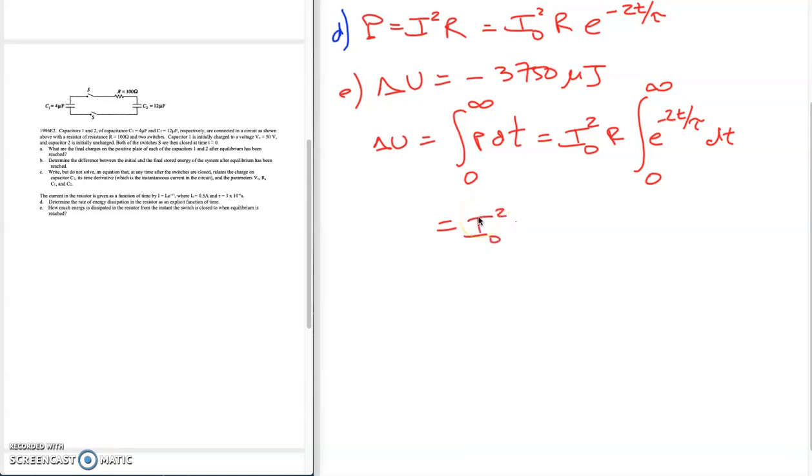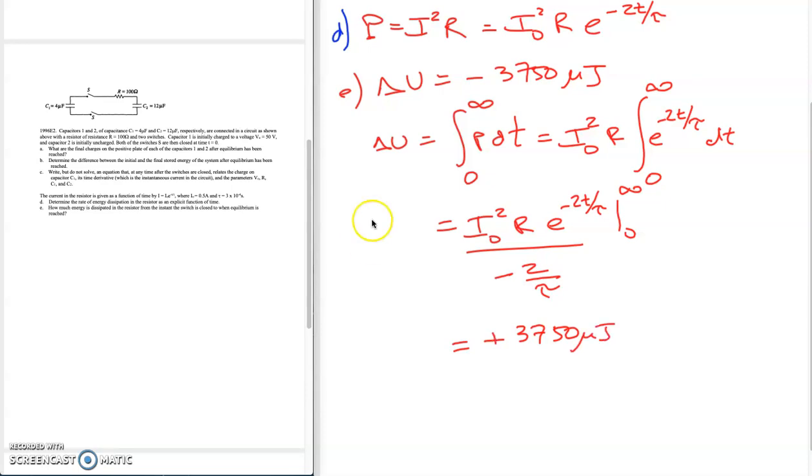So we're going to have I naught squared R e to the minus 2t over tau evaluated from 0 to a long time later, divided by negative 2 over tau, which, when you do all of this, gets you the positive version of 3750 microjoules, because part B is how much energy did we lose from beginning to end, and part E is how much energy got turned into heat. It's the same question, just missing a minus sign.